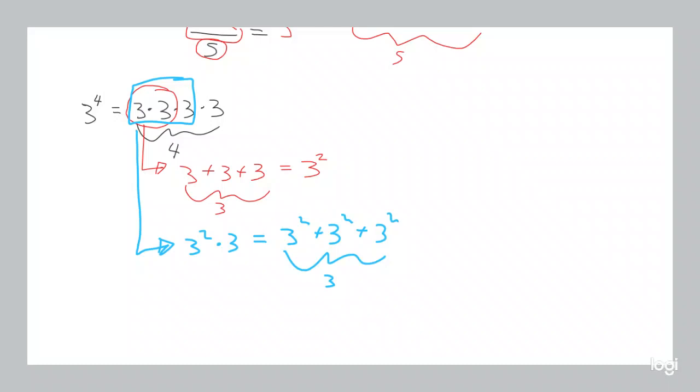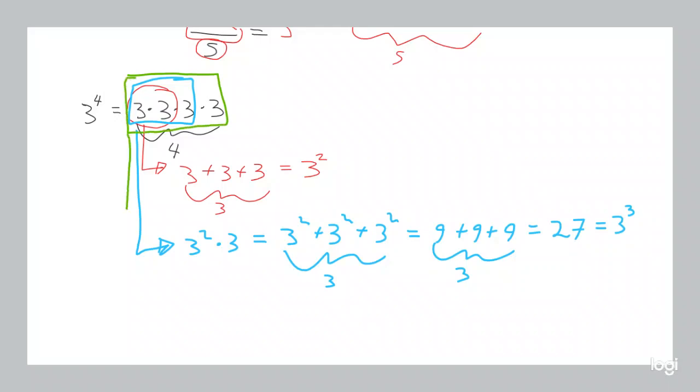In other words, we're multiplying it by 3. Or 9 plus 9 plus 9, which is 27, okay? Or we could call that 3 cubed, right? We're multiplying 3 by itself 3 times.